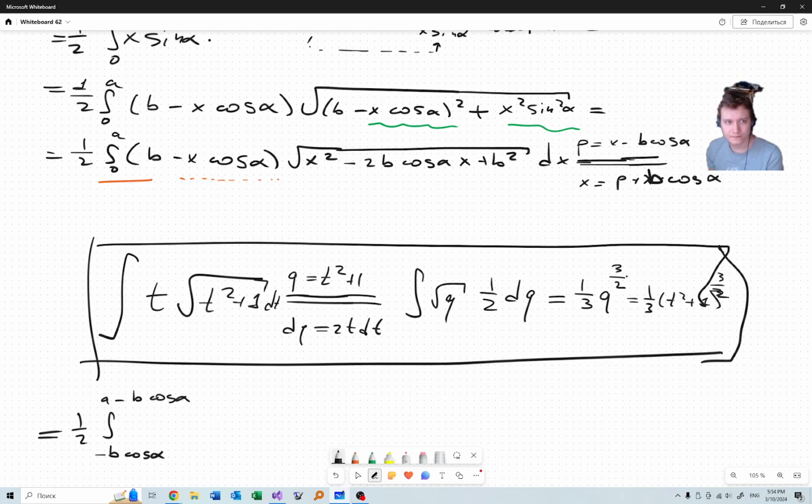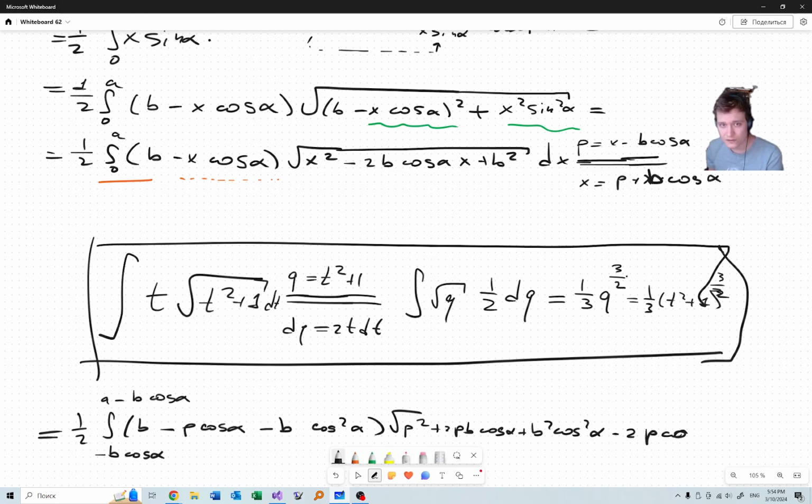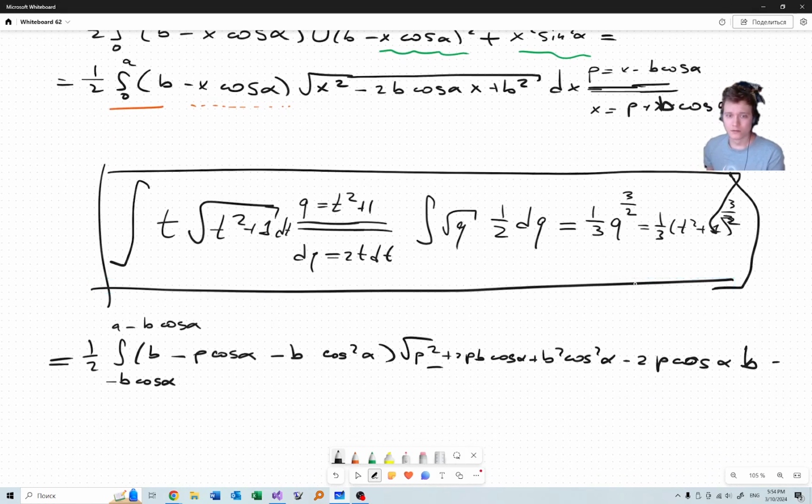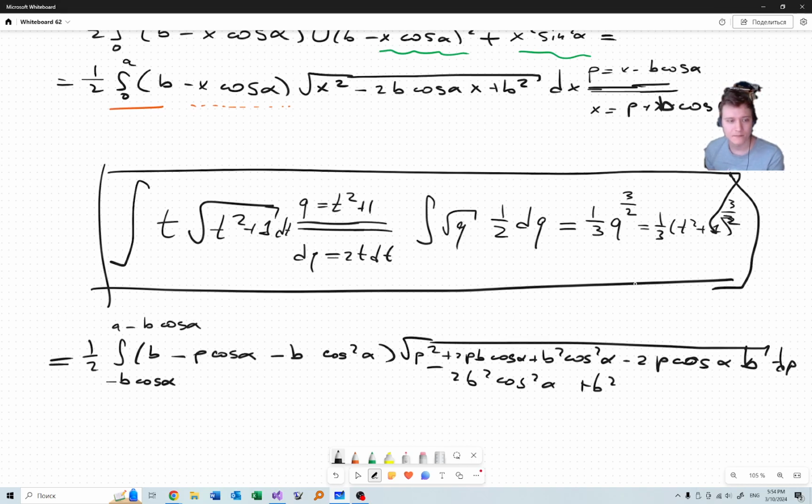Then here we have b minus p cos alpha and minus b cos squared alpha times square root of p squared plus 2pb cos alpha plus b squared cos squared alpha minus 2p cos alpha, not x, b, minus 2b squared cos squared alpha plus b squared, at dp.